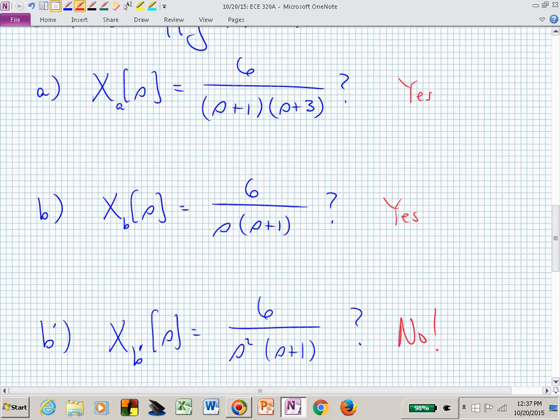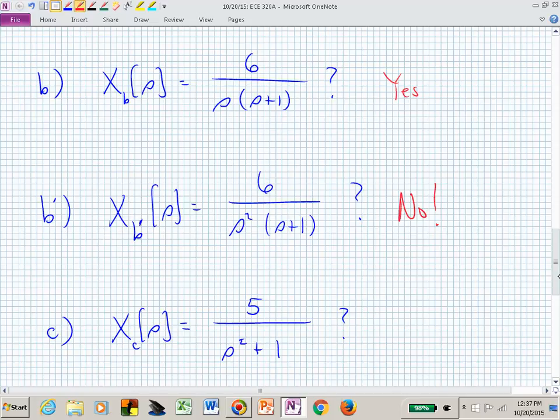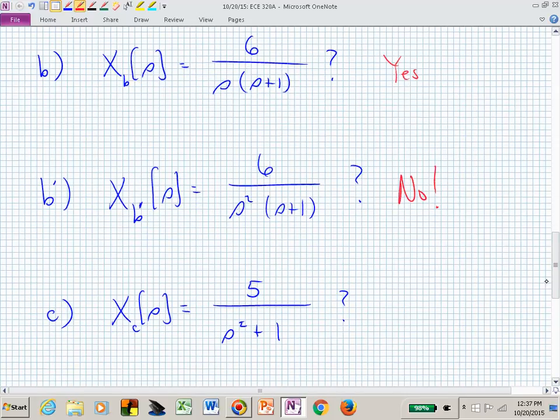If I said, what is little x sub b prime of t, what pieces would you have in your time domain expression? You would have a t, a constant, and a damped exponential, an e to the minus t. Does everybody see that structure? And that you had three terms, it's a third order. You're trying to have a way to check your work.